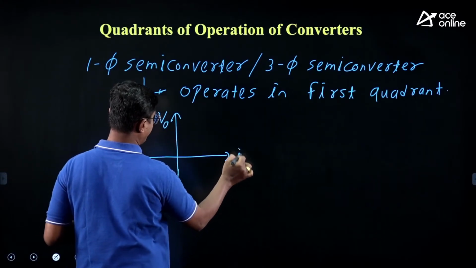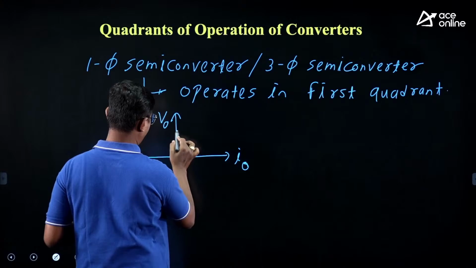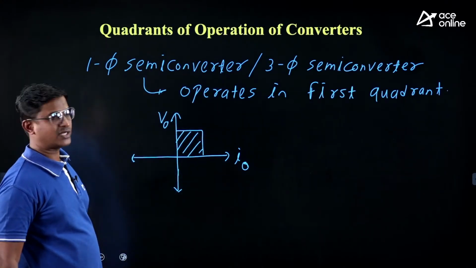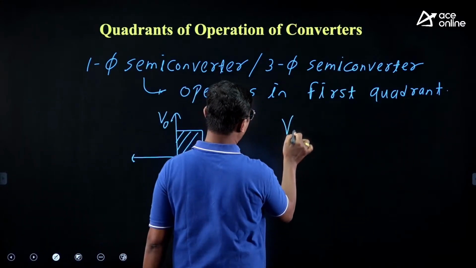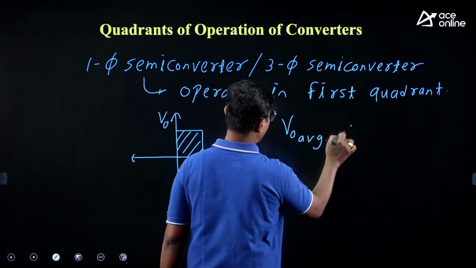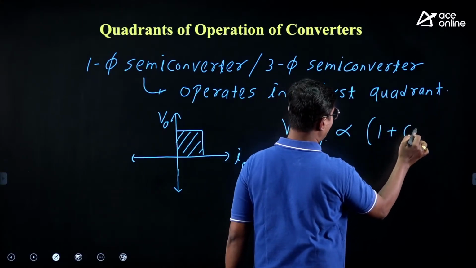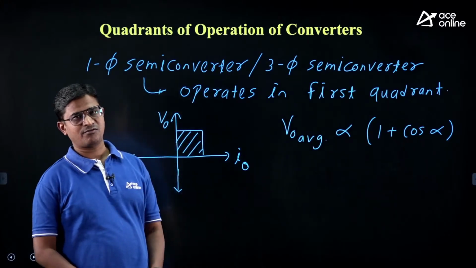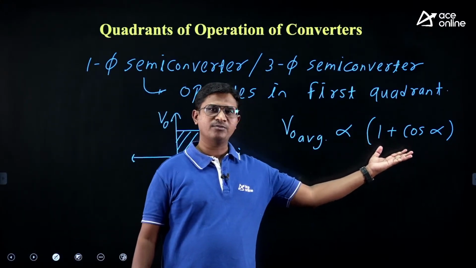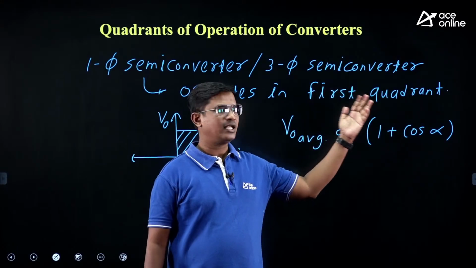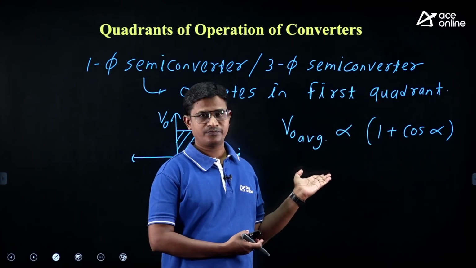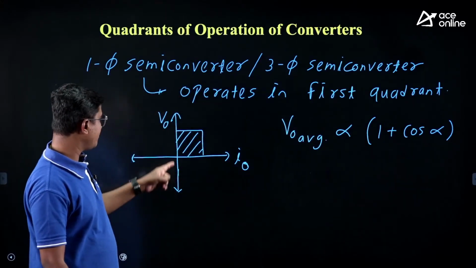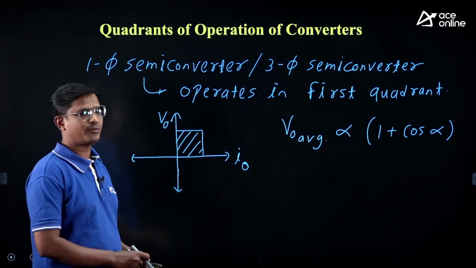You can check in a semi converter that your output voltage is proportional to 1 plus cos alpha. So even if I vary alpha from 0 degree to 180 degree, my V0 average will be only positive, right? And in converters you get the current as only positive. So positive voltage, positive current, so first quadrant operation.